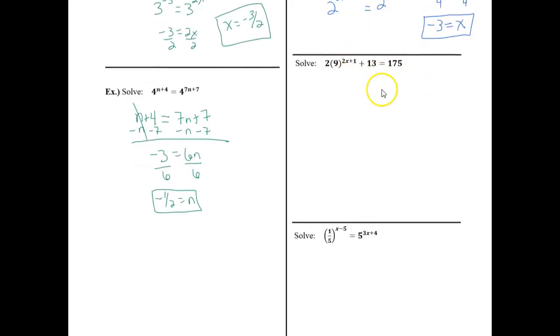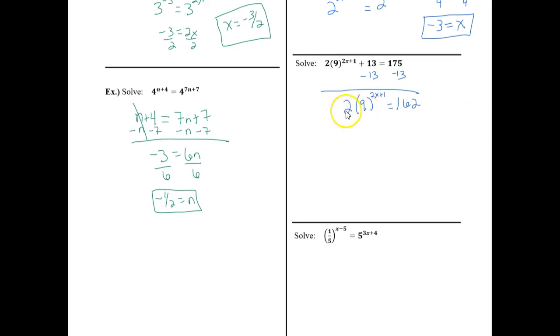Next example here, I have to isolate this base with that exponent that has a variable. So first thing I'm going to do, subtract 13 from both sides. Now I have 2 times the quantity 9 to the 2x plus 1 power equals 162.